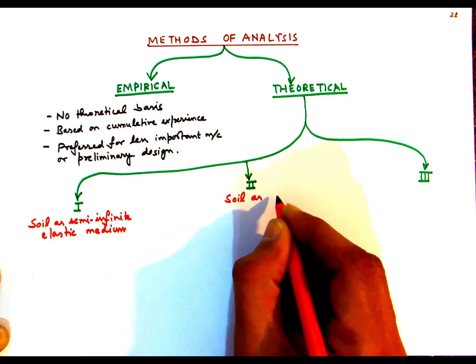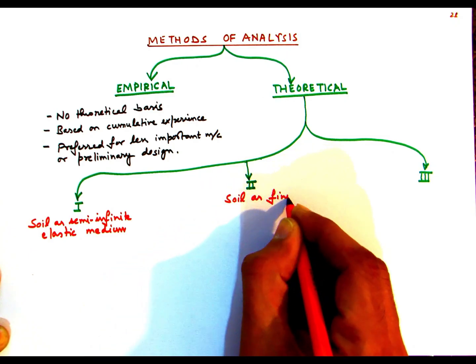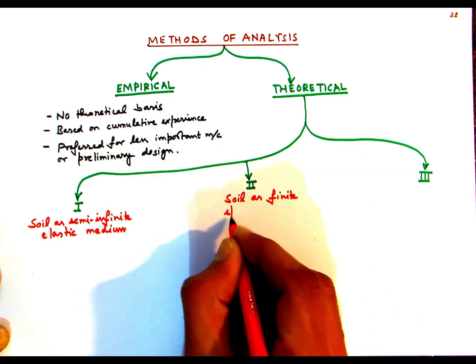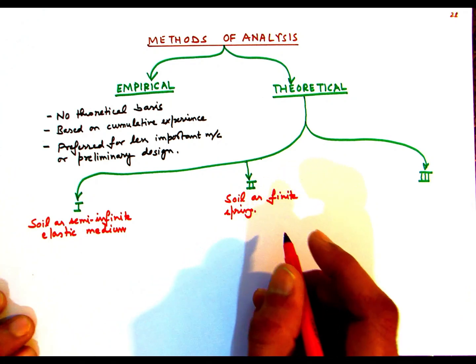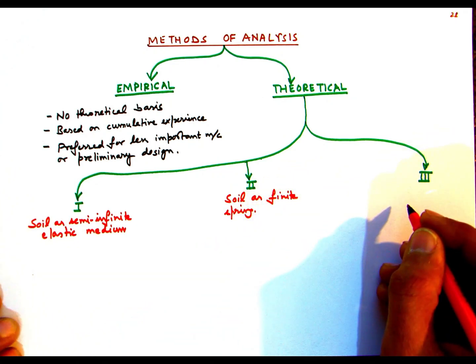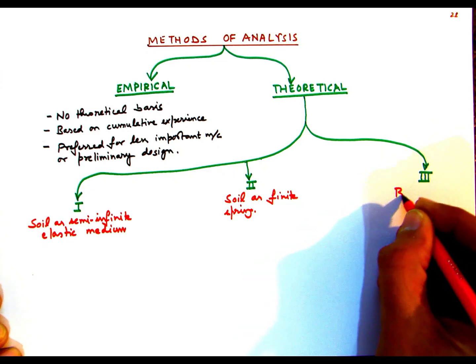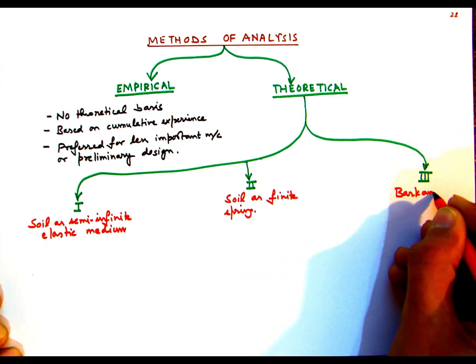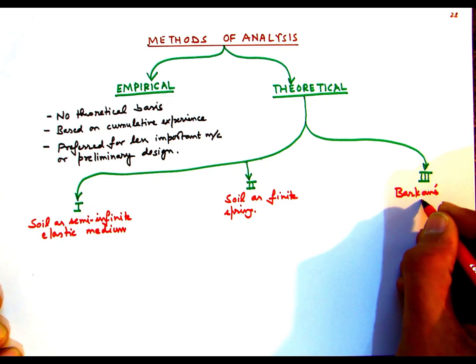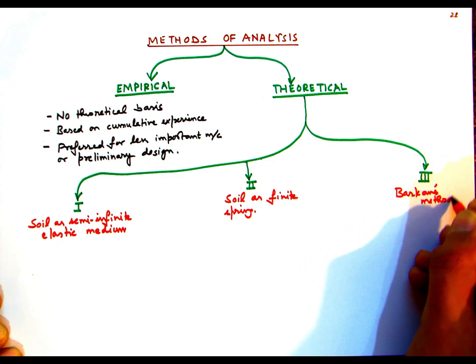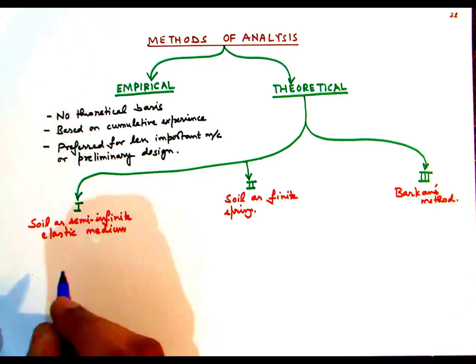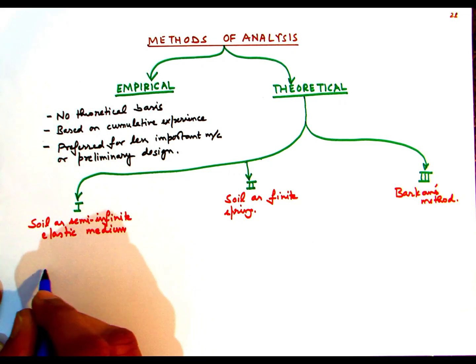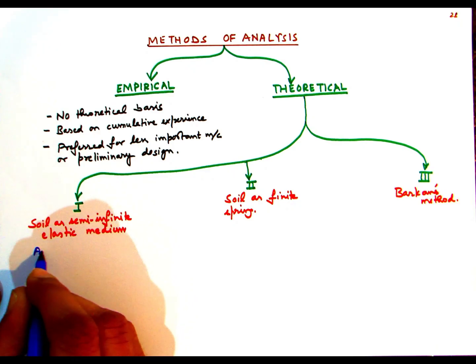The second type of theoretical methods model the soil as a finite spring and damper. The third category of the analysis methods is basically called the Barkan's approach and is much simplified as compared to the first 2. Let us see each of these methods, especially their fundamentals.